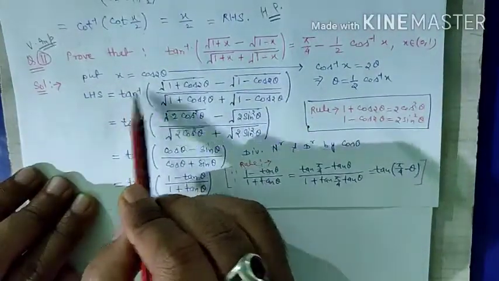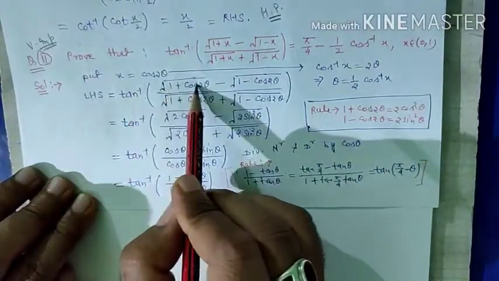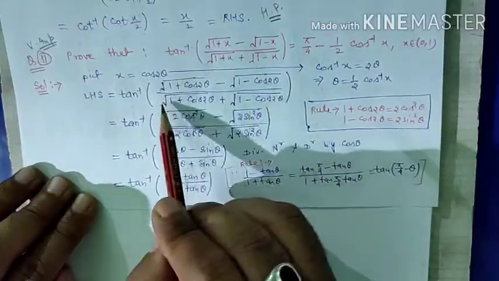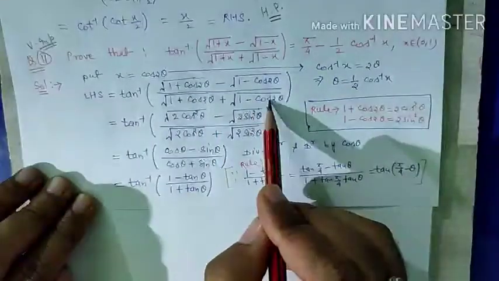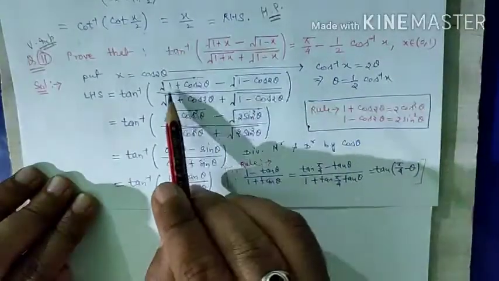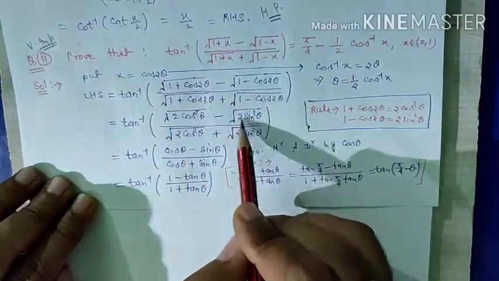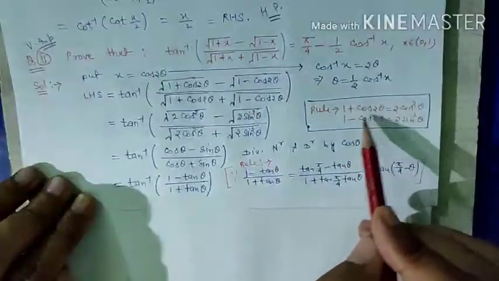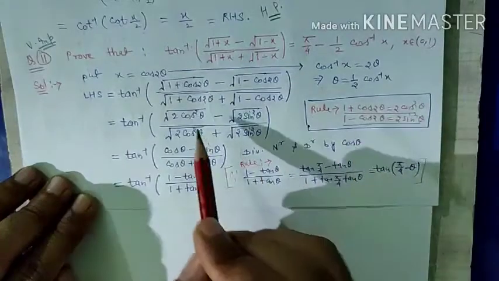Then tan inverse, I'm taking LHS first. Tan inverse of (root 1 plus cos 2 theta minus root 1 minus cos 2 theta) upon (root 1 plus cos 2 theta plus root 1 minus cos 2 theta). 1 plus cos 2 theta will be 2 cos square theta, and here also 1 minus cos 2 theta is 2 sin square theta. This is the formula which we have studied in class 11th.